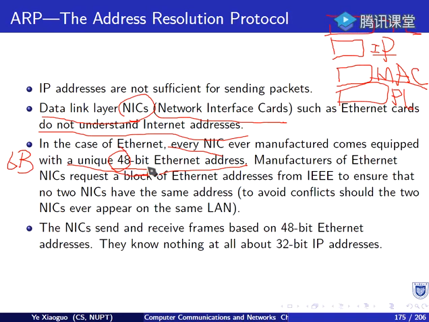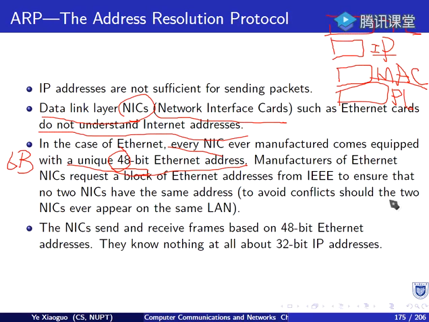Manufacturers of Ethernet NICs request a block of Ethernet addresses from IEEE to ensure that no two NICs have the same address, to avoid conflicts.